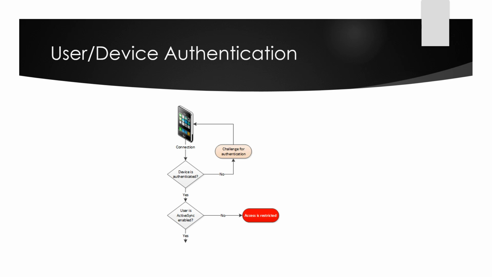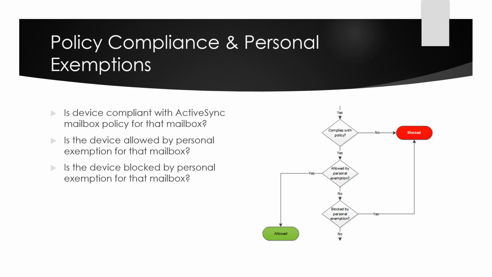So if the answer is yes, the device is authenticated, the next step is determining whether the user is ActiveSync enabled. Now, all mailbox users are enabled for ActiveSync by default. However, you can disable it on a per mailbox basis if you like, and we'll demonstrate how to do that a little bit later. If the answer is yes, we move on to the next phase, which is policy compliance.